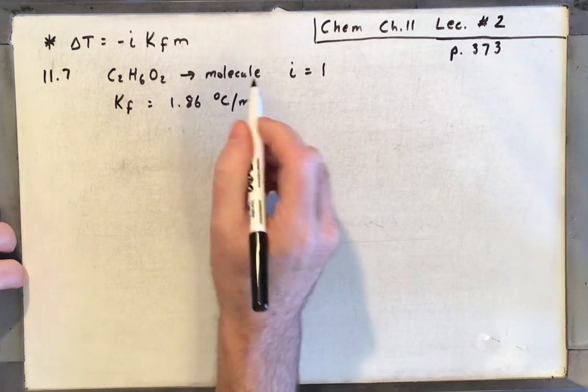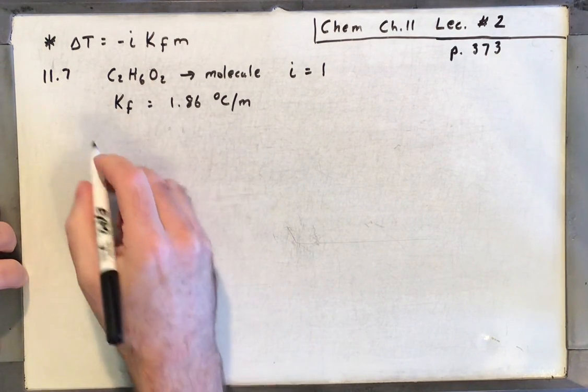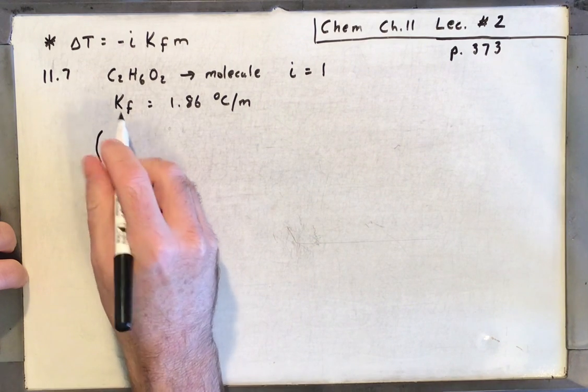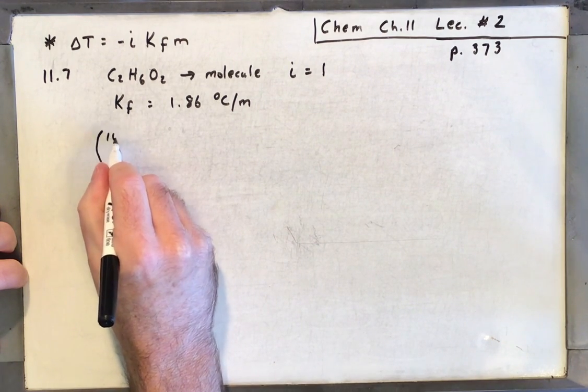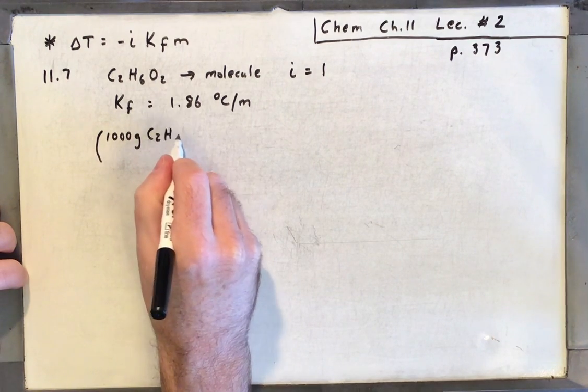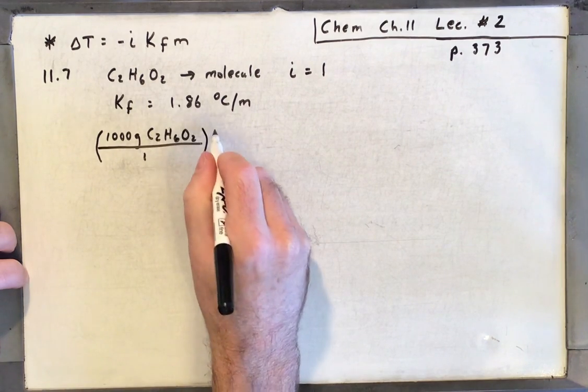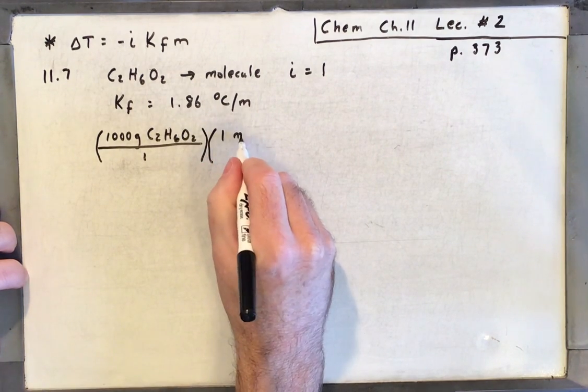All right, we need to figure out the molality. First of all, we need to figure out the moles. So it says we have 1 kilogram, that's 1,000 grams of C2H6O2. Got to change that to moles.